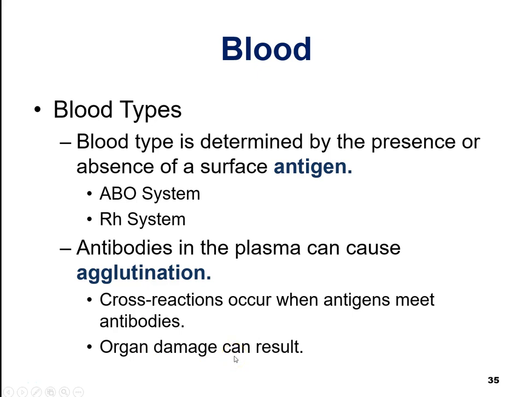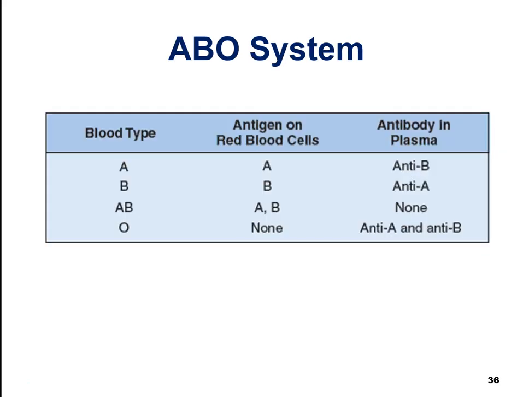So again, if you have B antibodies circulating in your blood and somebody gives you type B blood by mistake, like for a blood transfusion, it will result in this process called agglutination, and you basically get this coagulating of the red blood cells, and it leads to organ damage and ultimately to death.